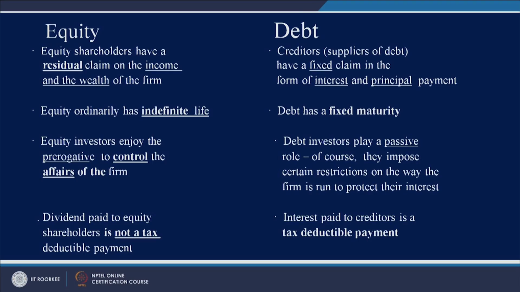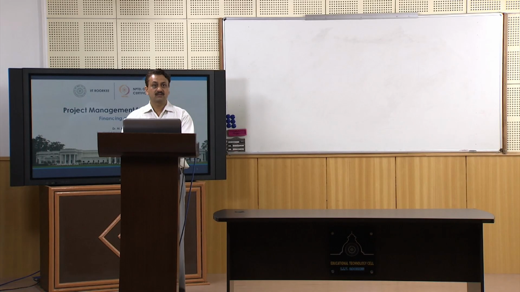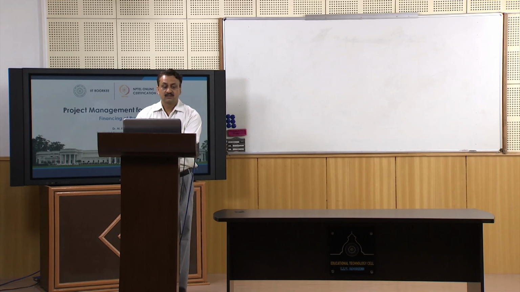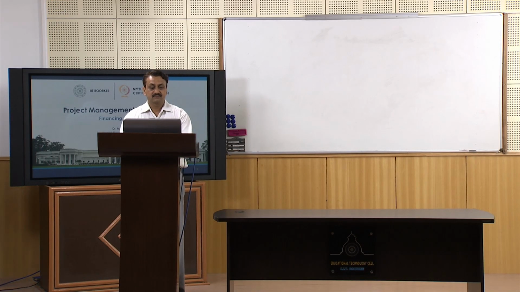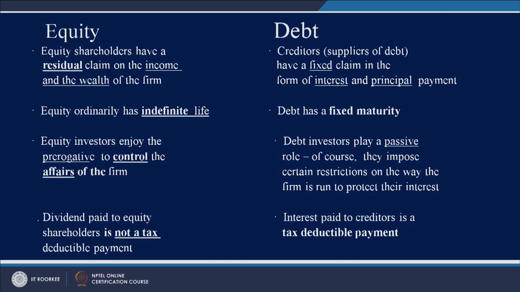If you look at the first difference, the equity shareholder will have residual claim over income of the firm, while the creditor who is supplying you debt has a fixed claim in the form of interest and principal. So, you need to pay only interest and principal to creditors, while the equity shareholder will have claim over income of the firm in the form of dividend, right. So, equity shareholder or equity investor enjoys prerogative of control over the firm in terms of voting right, right.